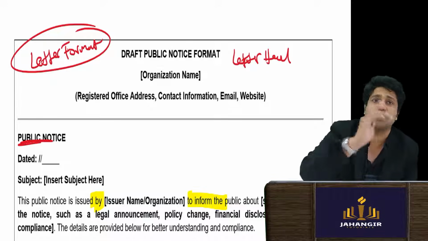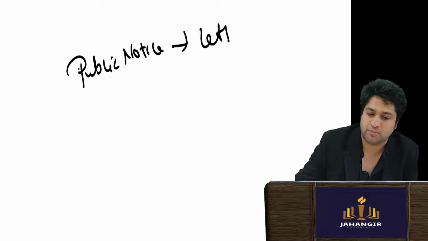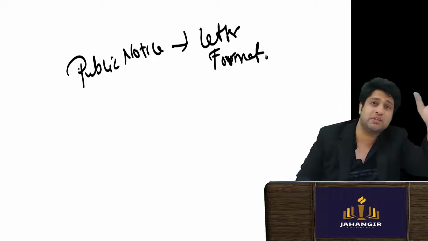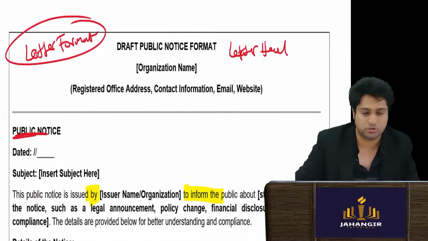Now again, I have told you everything beautifully, that a public notice will also be in letter format. Letter format, I told you, always starts with a date. But before coming to the date, what do we start with?